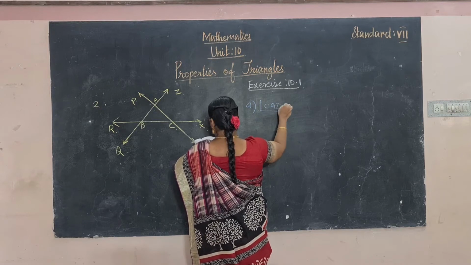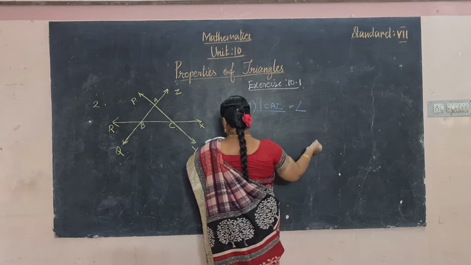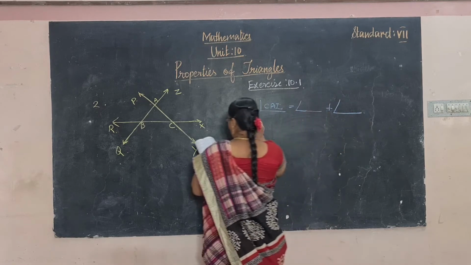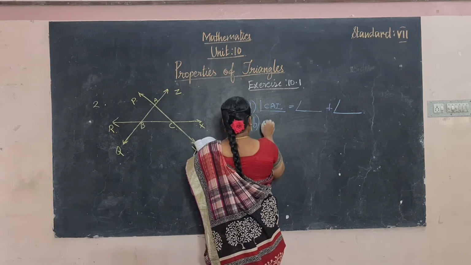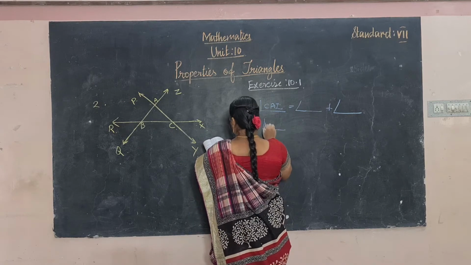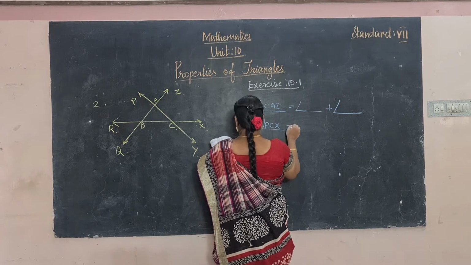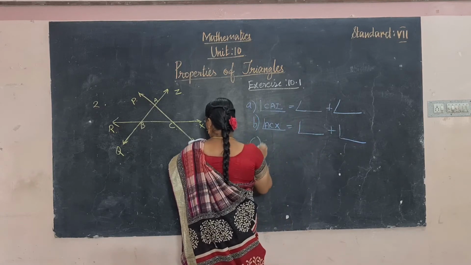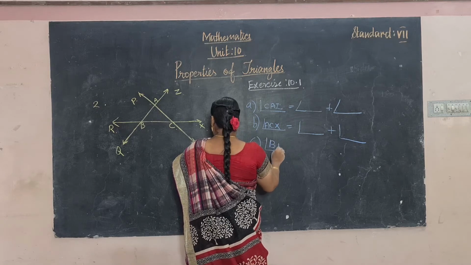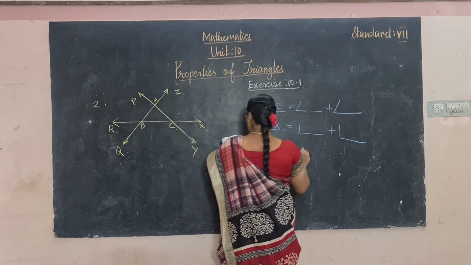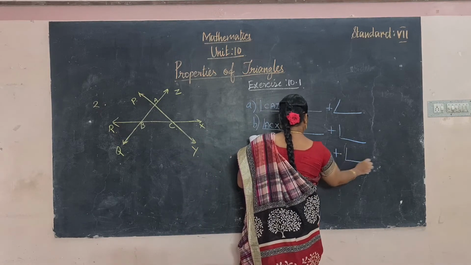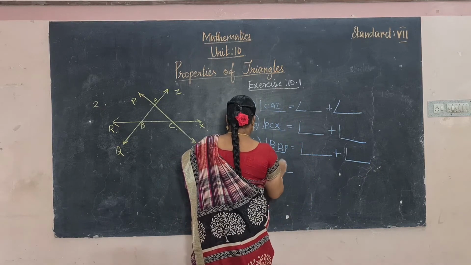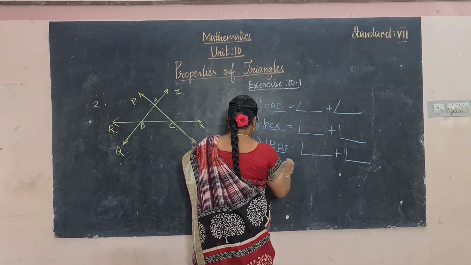First one, angle CAZ is equal to; B, angle ACX; C, angle BAP equal to; and D, QBC.